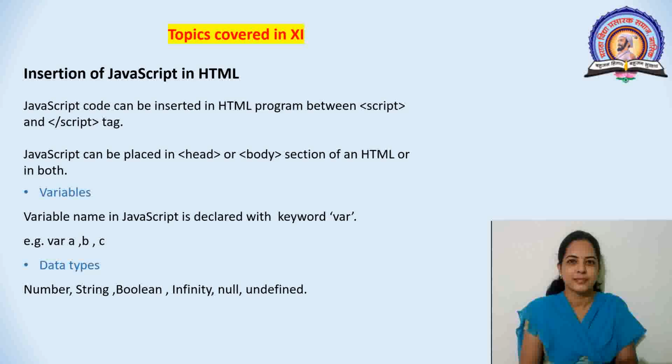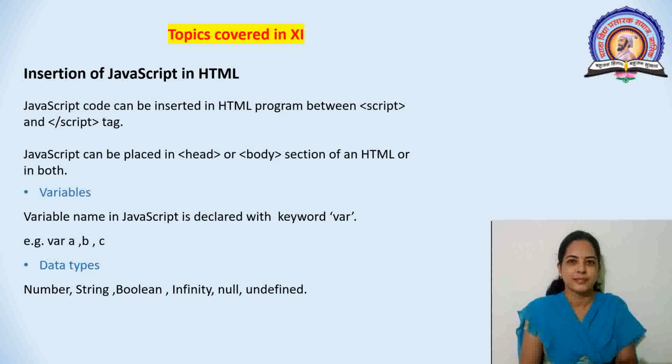So we can store the text in double quotes or single quotes, that is the string data type. Then third data type is Boolean data type. So the data which have only two values like true or false or pass or fail, yes or no. So for such type of data we have to use this Boolean data type.